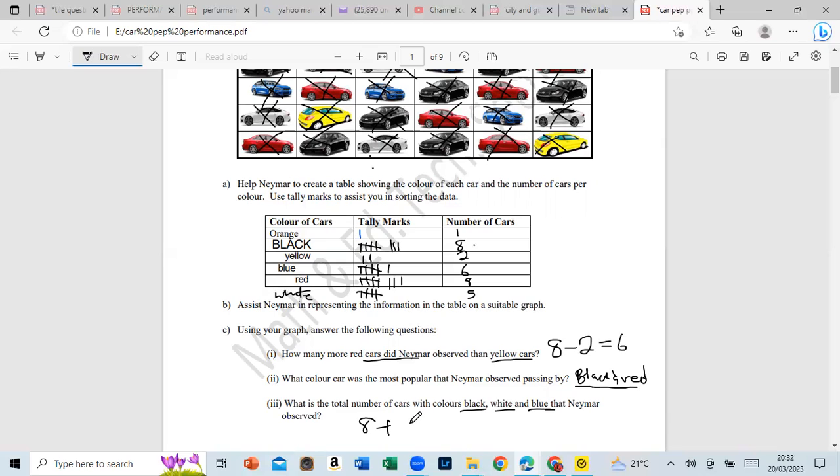And for the last one, blue. So blue gives us 6, so we add all of these, and that will give us the total for all 3 colors. Notice they say, what is the total? So you just add them. 8 and 5, that is what? 13 plus 6, 19. So 19 would be your answer for that one.